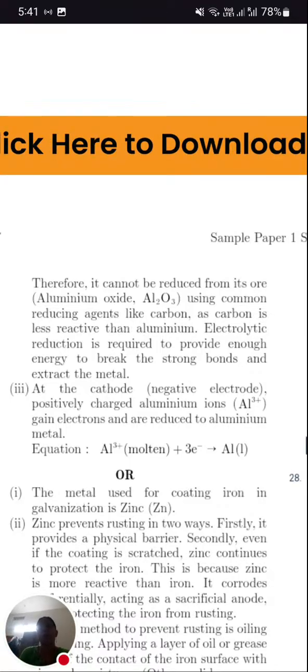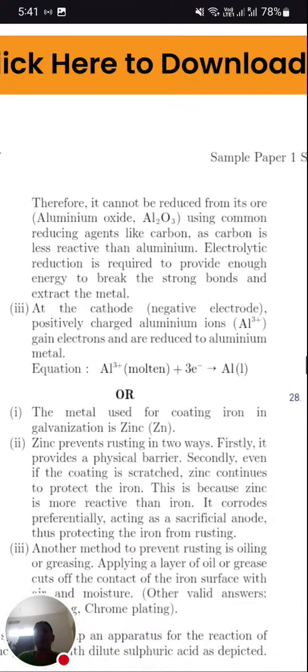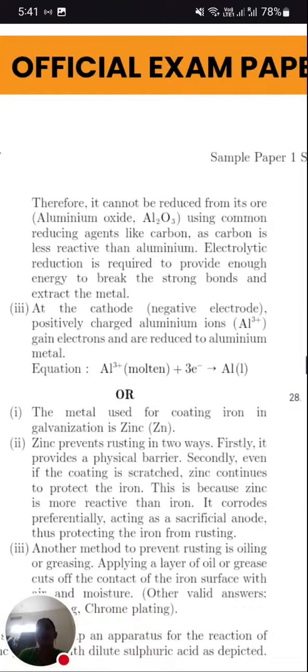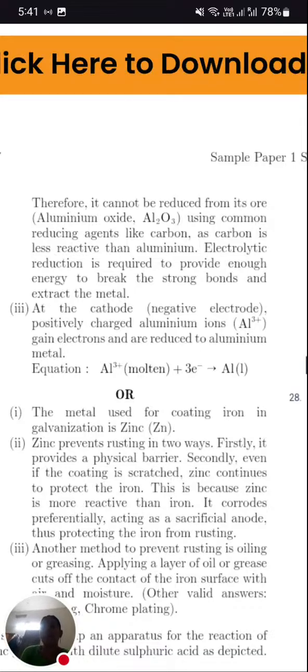Therefore the electrolytic reduction method is used. So what is the reaction taking place here? Al2O3: aluminium ions gain 3 electrons and become aluminium Al. So we need to represent the reaction at the electrode.